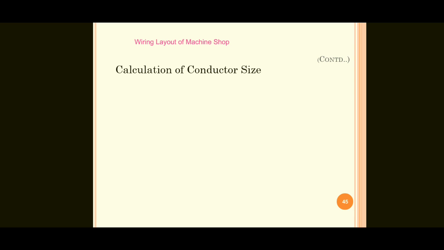So next one, calculation of conductor size. Full load current of 3 HP motor: 3 into 735.5, which is the conversion from horsepower to watts, as 1 horsepower is equal to 735.5 watts.